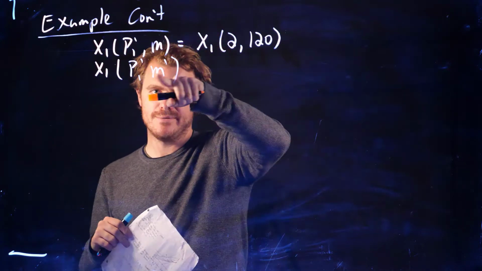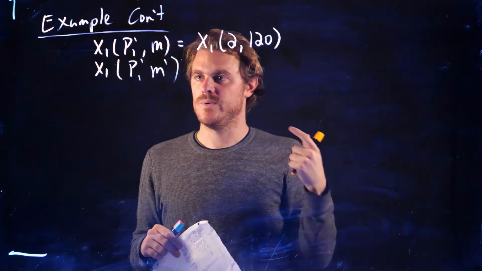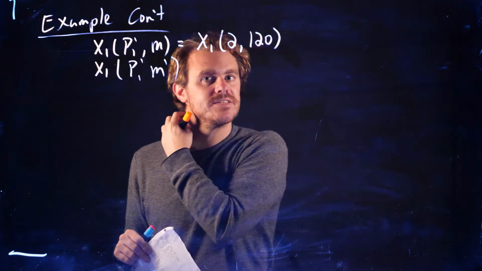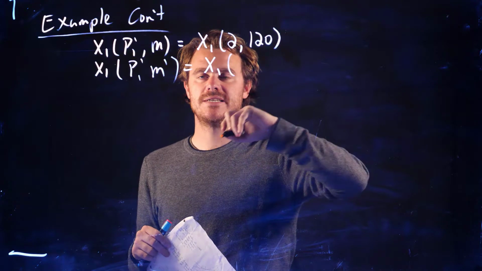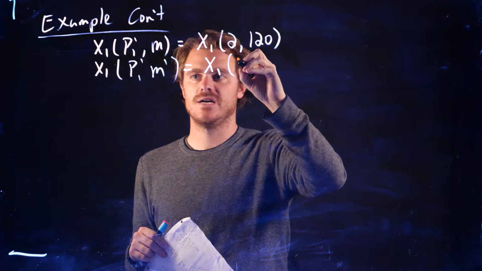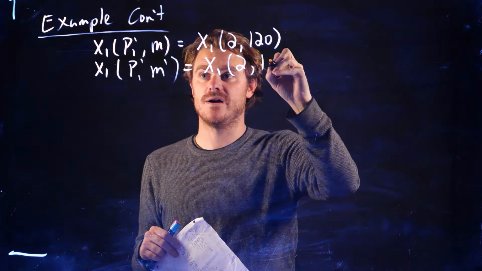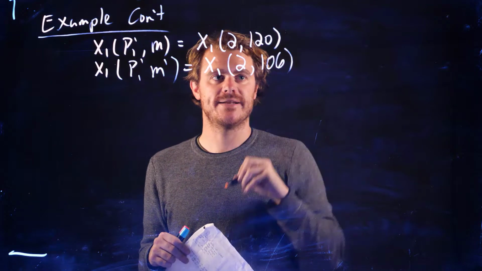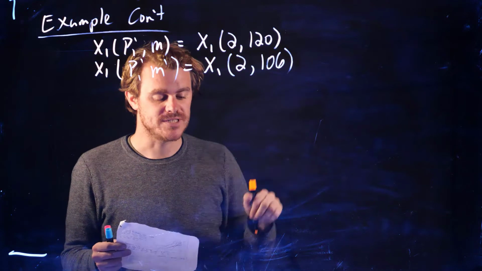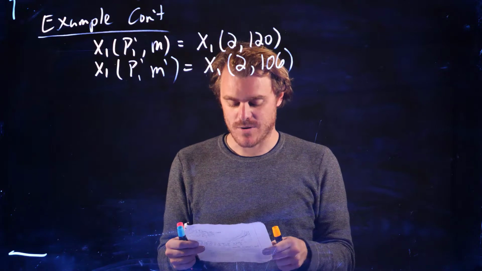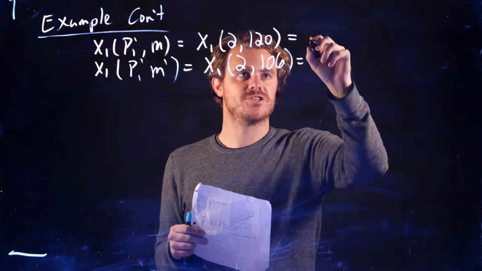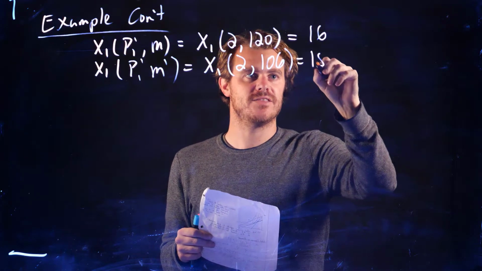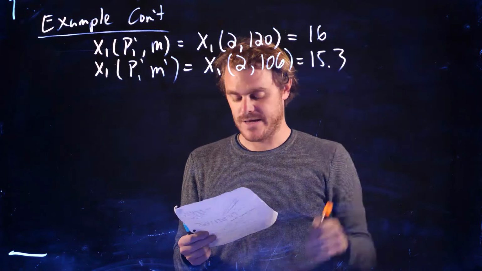Remember, we figured out how much we need to adjust it when we calculated the substitution effect. And this is whatever the demand for good 1 is at a price of 2 and an income of 106. Remember, we had to adjust income down 14 to hold purchasing power constant. We knew that with our demand function, this was 16. We calculated this being 15.3.